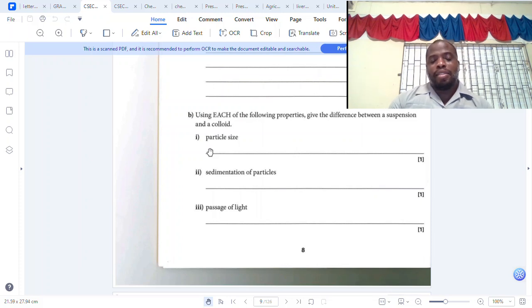Passage of light. It is not possible for light to pass through a suspension. While most colloids, what you find is that they scatter the light when it is going through.